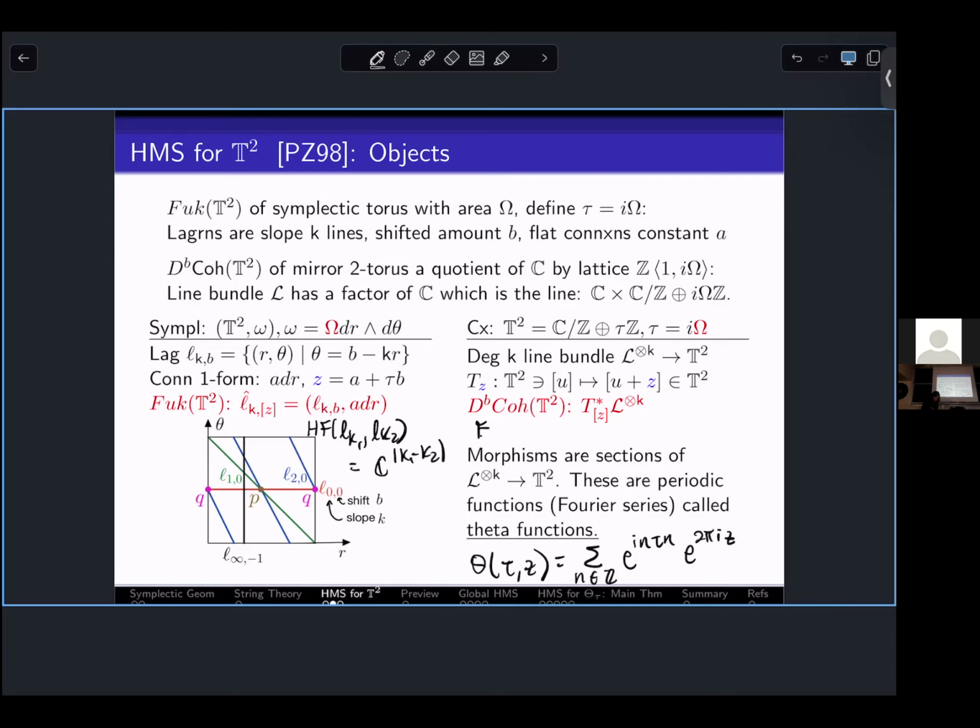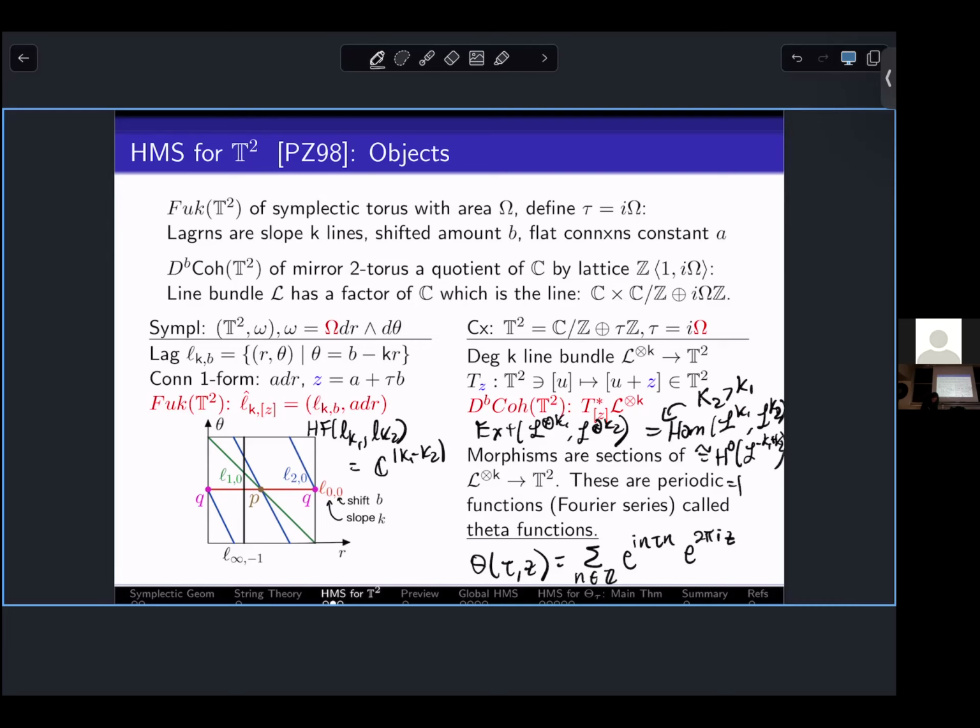Here it's Hom of L tensor K1, L tensor K2, which, if K2 is greater than K1, is Hom from L^K1 to L^K2, which is equivalent to H0 of the dual of the first one times the second one.